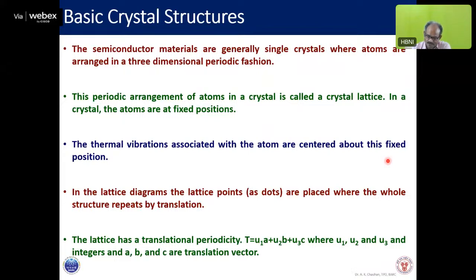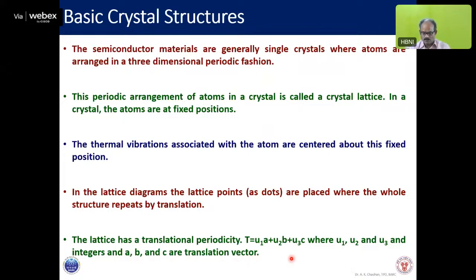Similarly, if I move in the y direction, I will get another point identical to the first. If I forget where I have come from, I cannot tell the difference between the first point and the second point. In mathematical terms, I can write a translation vector T equal to u1 a plus u2 b plus u3 c, where u1, u2, and u3 are integers, and a, b, and c are translation vectors.